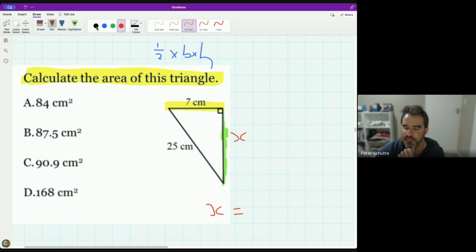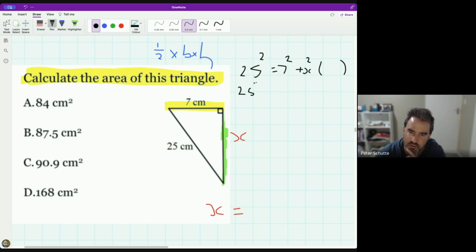All right, what are we getting for X? So using Pythagoras, we would say 25 squared equals 7 squared plus x squared. Now, you should write the reason. I'm just going to leave space there, and then you know what to write. Then I'm going to get 25 squared minus 7 squared equals x squared.